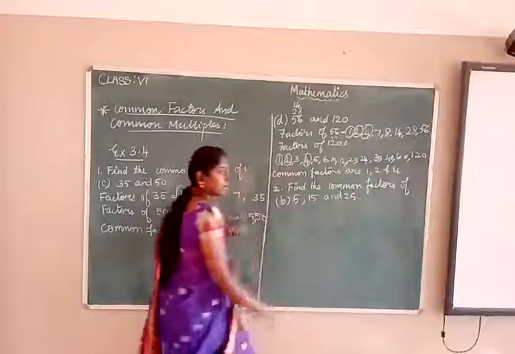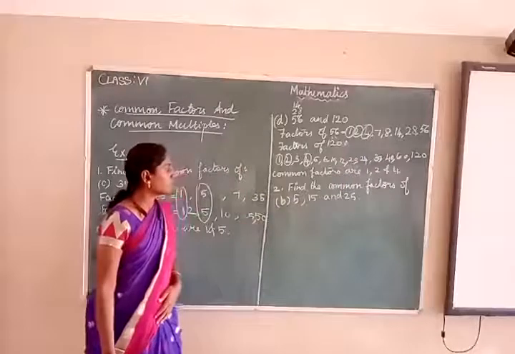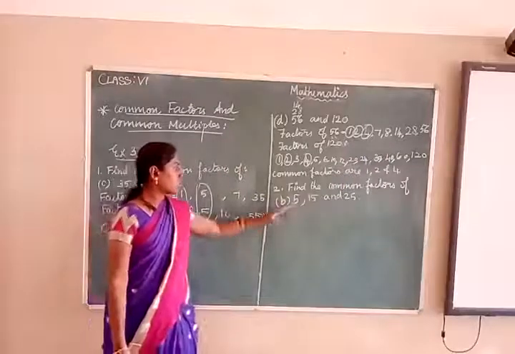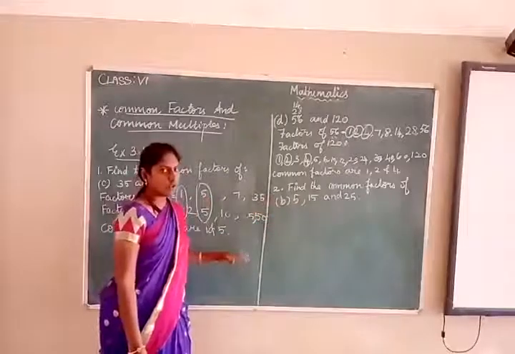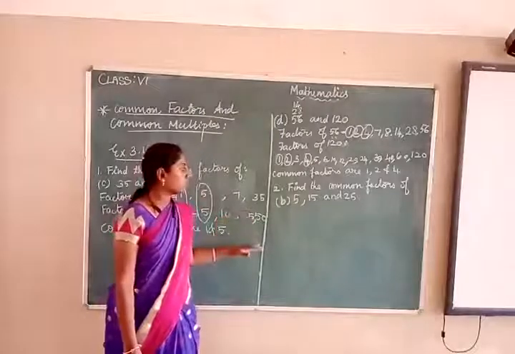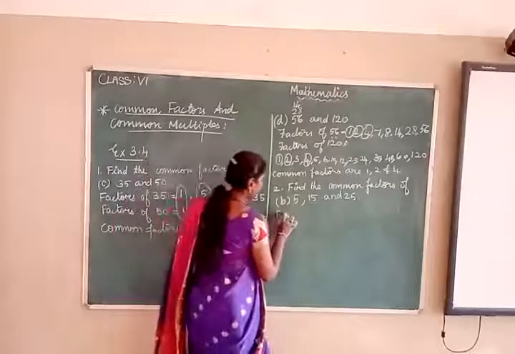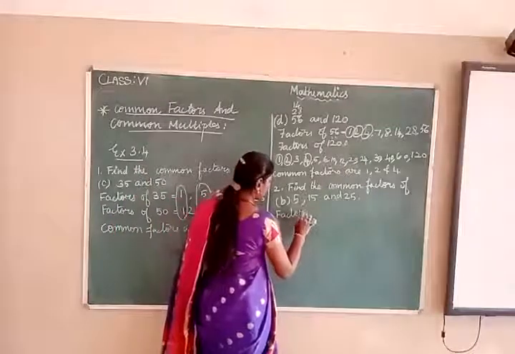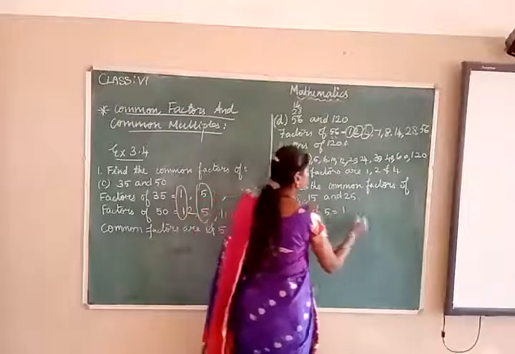Clear? Coming to the next question, second question, find the common factors of 5, 15 and 25. In the first question we saw how to find common factors for 2 given numbers. Now we are going to find common factors for 3 given numbers. Factors of 5 equal to 1 and 5, that's all.